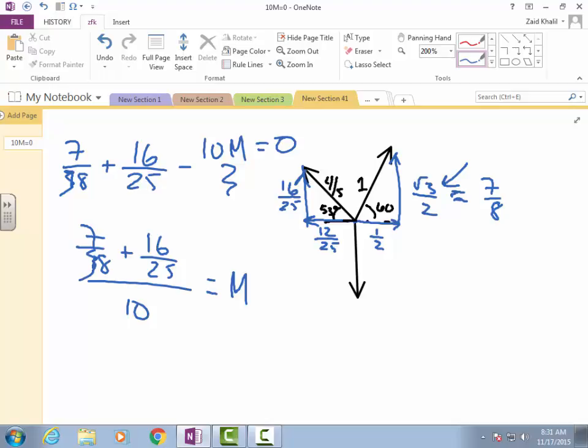So let's take a look. That is 1,200 grams. That is 900 grams. You should take a picture of this. This is a 90-degree angle, the angle in the center.